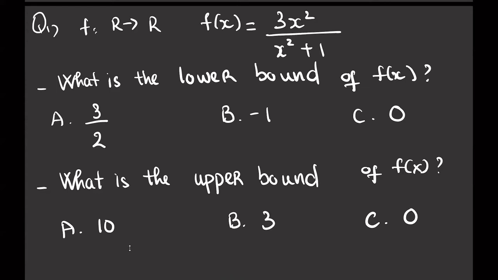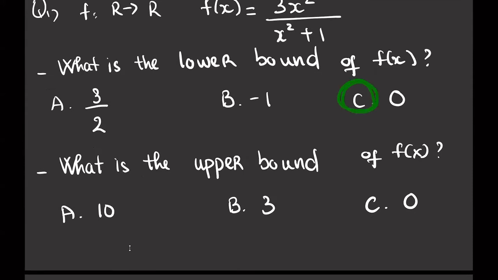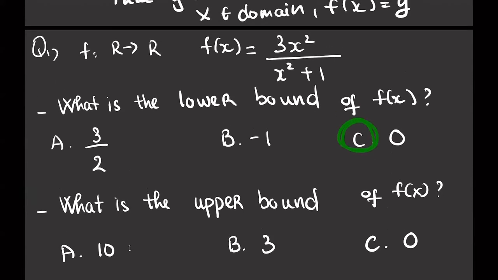Okay. So most of you chose C, then A, then B. So C is the correct answer because let's say you know that x squared is greater than or equal to 0, right? That's a basic fact. Then 3x squared is also greater than or equal to 0.